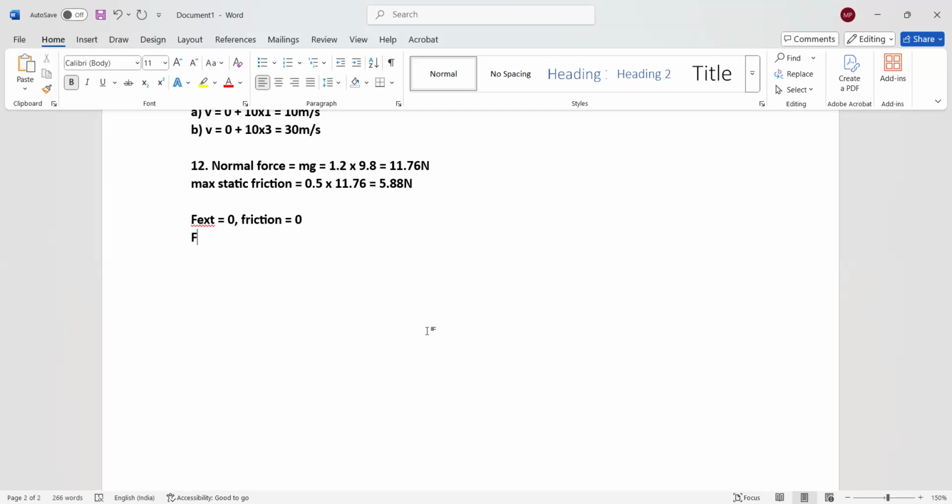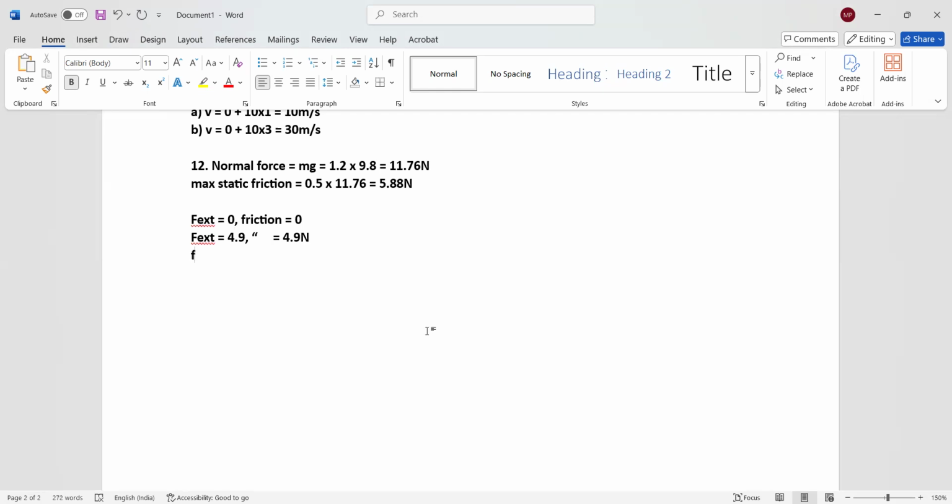And when external force is equal to 4.9, friction will be equal to 4.9 Newton.